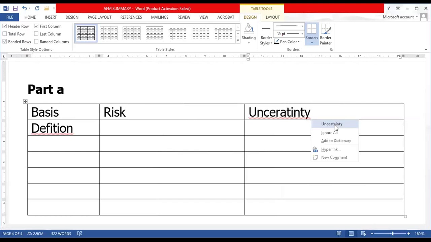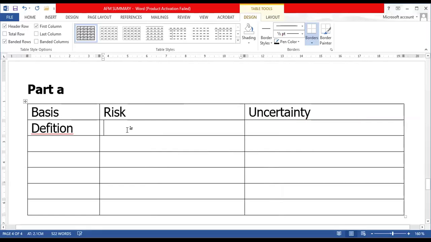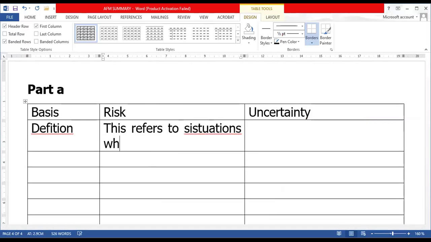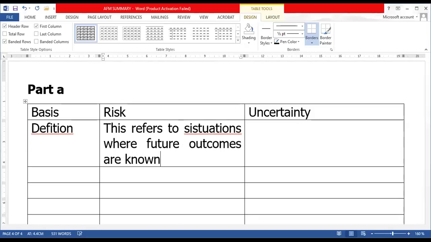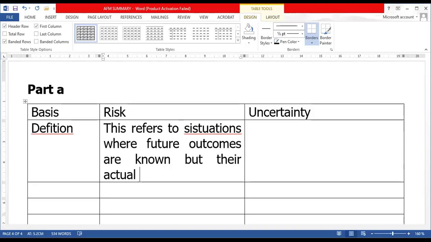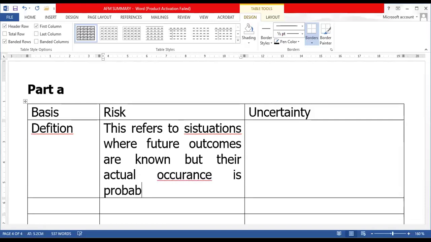So the risk refers to situations where the future outcomes are known, but their actual occurrence is probabilistic.